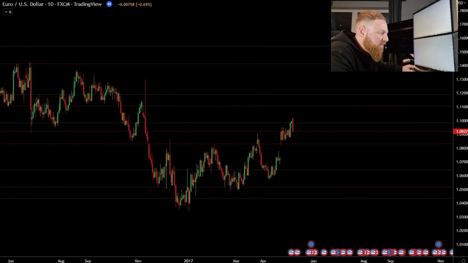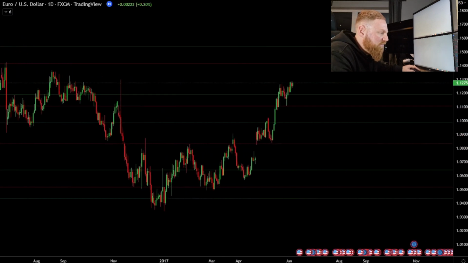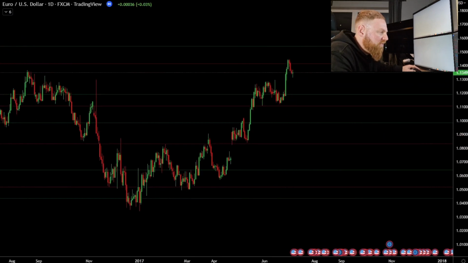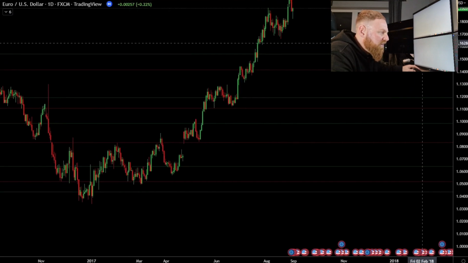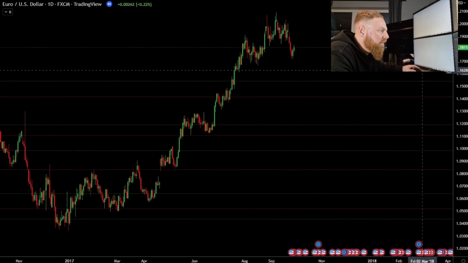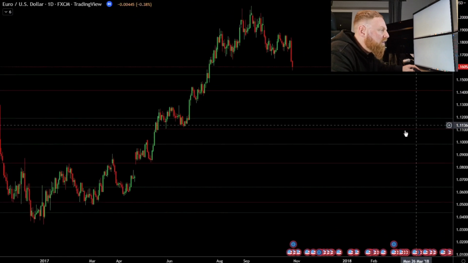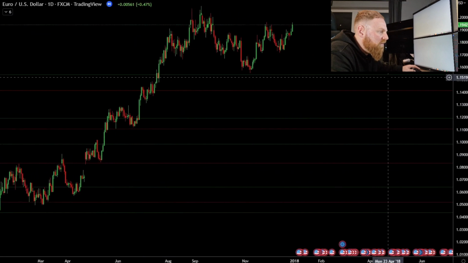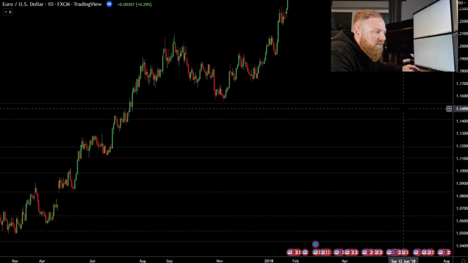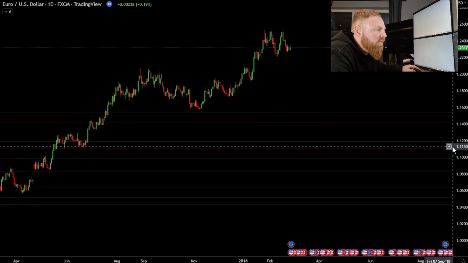Green there, give a pullback, plenty more. Red failed. Got the green delivering there, red, not a bad one. Price has moved out of our area, but you can see they're both working quite well.